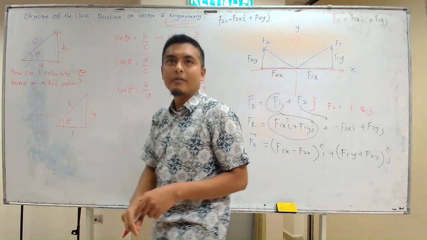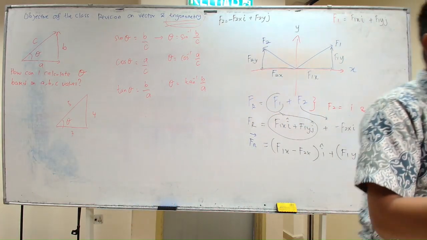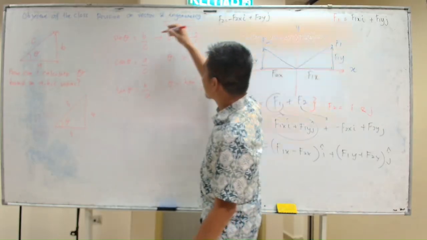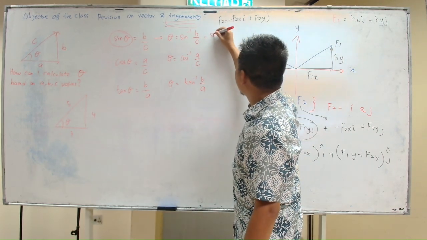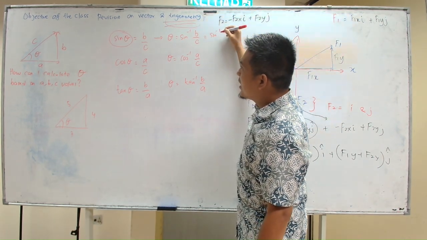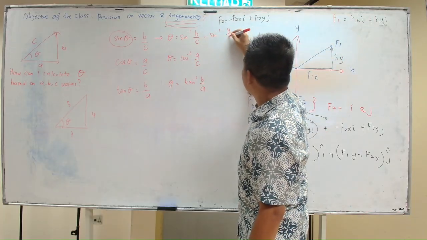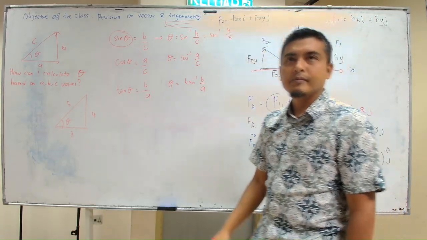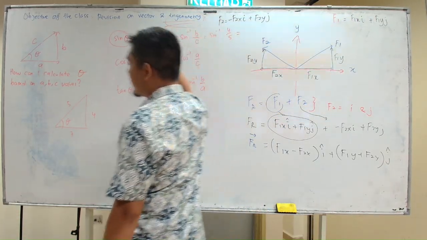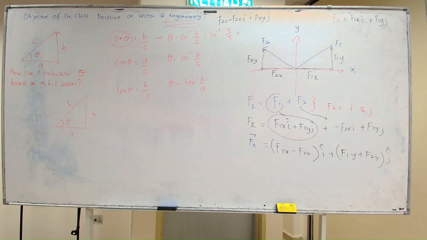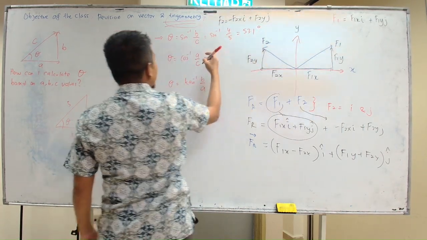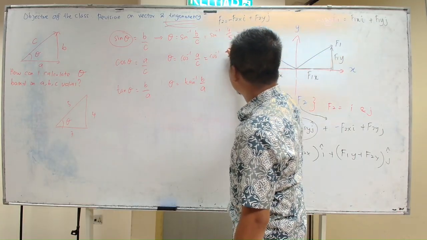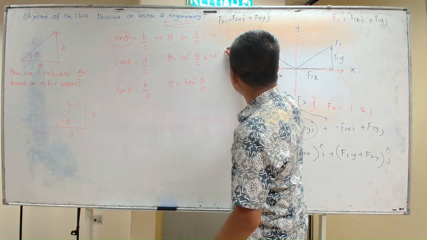Can you calculate the theta by using your calculator? Can you help me? Firstly, please use sine first. So this one sine inverse B over C will be 4 over 5. Then please let me know the answer. 53.1. So next, can you try to calculate cos inverse A, which is 3 over 5?